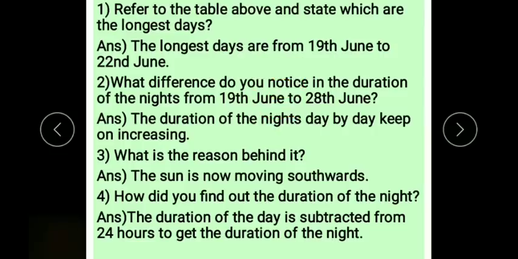Now, which two dates have days and nights of the same duration? It won't be given in this picture, but same duration means equal 12 hours night and 12 hours day. So which are the days?